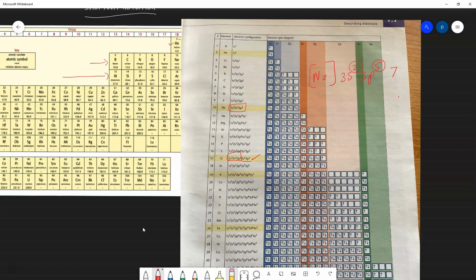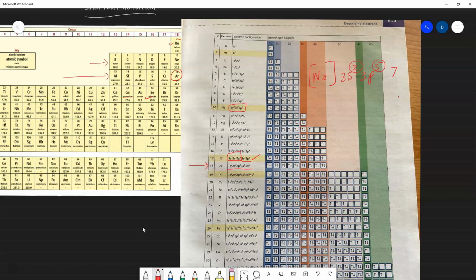Now, understood? Take one more example, one in period 4. In period 4, you have to consider the noble gas in period 3, that's argon. This is the electron configuration of argon: 1s2, 2s2, 2p6, 3s2, 3p6.